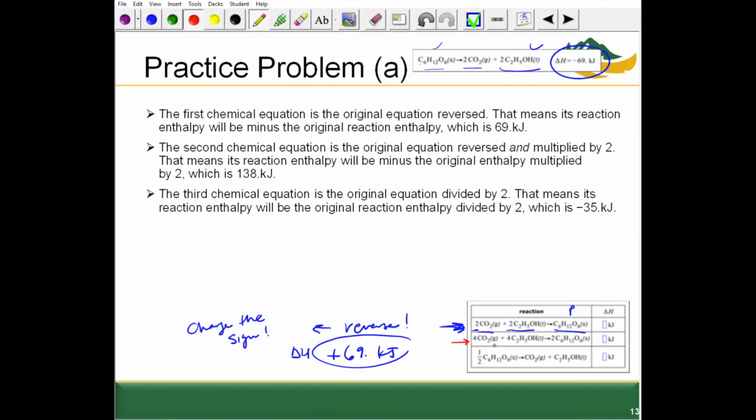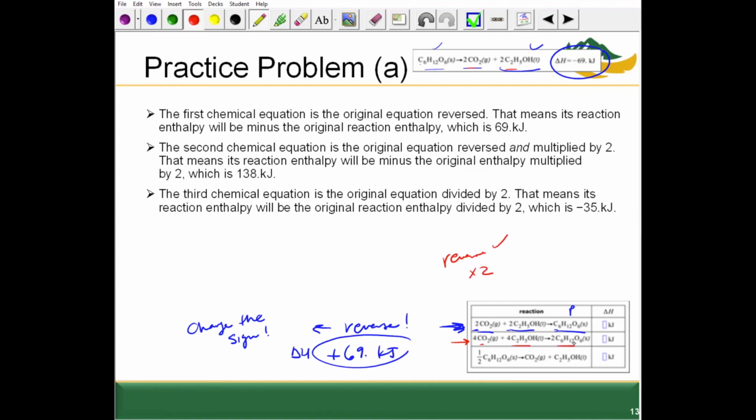So this still looks like it's the reverse, right? We have CO2 and C2H5OH on the reactant side. Originally, though, they're on the product side. So we definitely reversed the reaction. We also, it looks like, took these molar coefficients and multiplied them by 2.